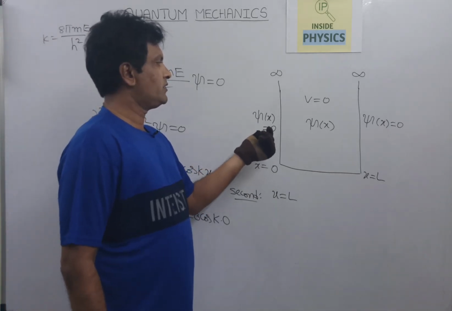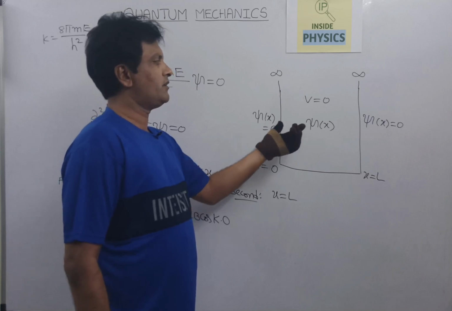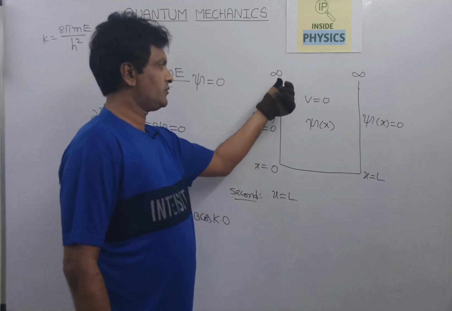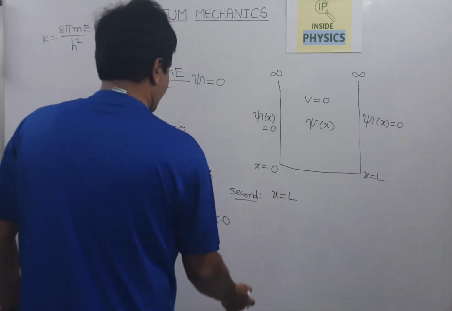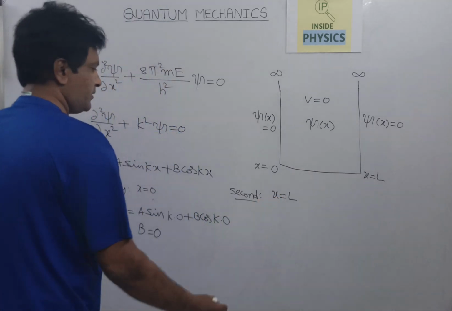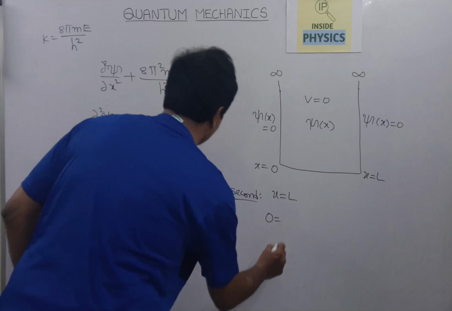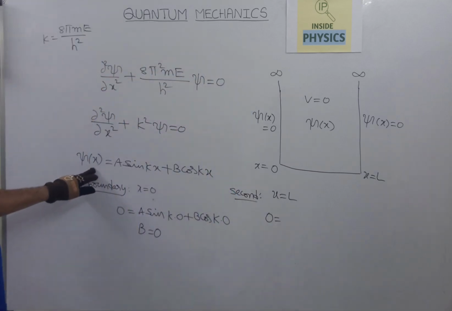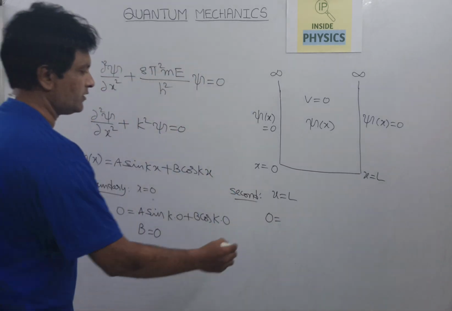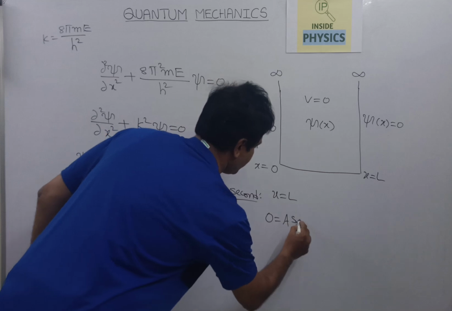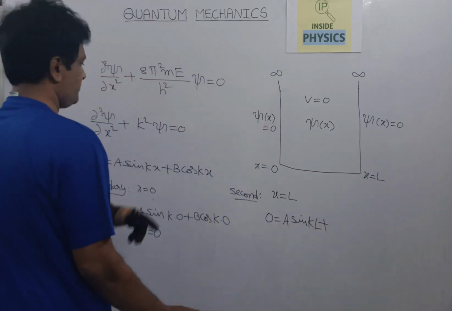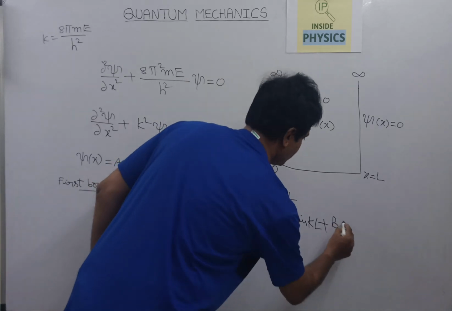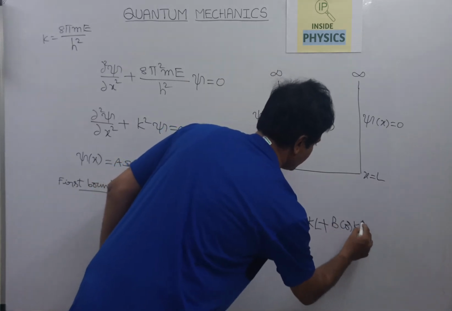The function which is actually the representer for the particle is becoming 0, means we cannot find the particle at the boundary. So here at x is equal to L, this equation will become 0 is equal to a sin KL plus B cos KL.